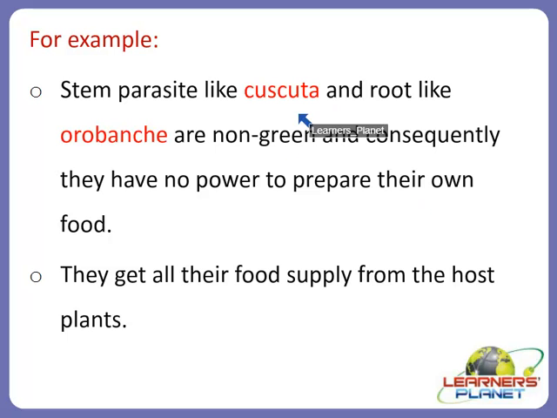Cuscuta, also popularly called dodder and locally known as Amarbel or Akash bel, is a parasitic plant that lacks both chlorophyll and leaves. Cuscuta and Orobanche are non-green plants which get all their food supply from the host plants. So let us see how they obtain this nutrition from the host plants.